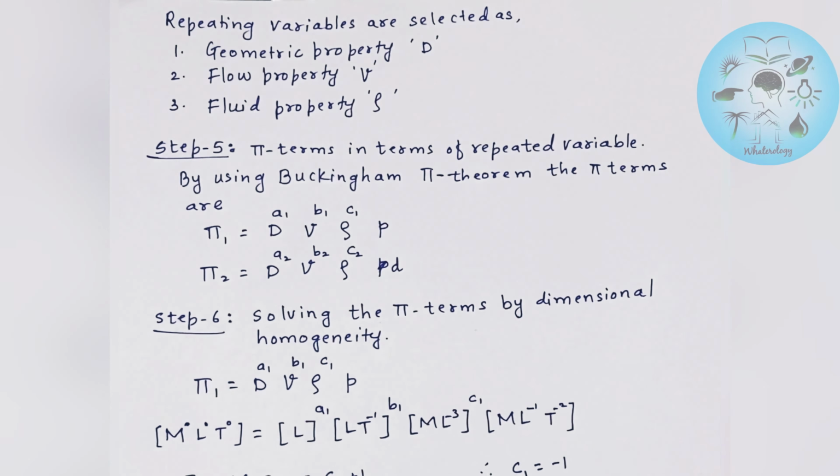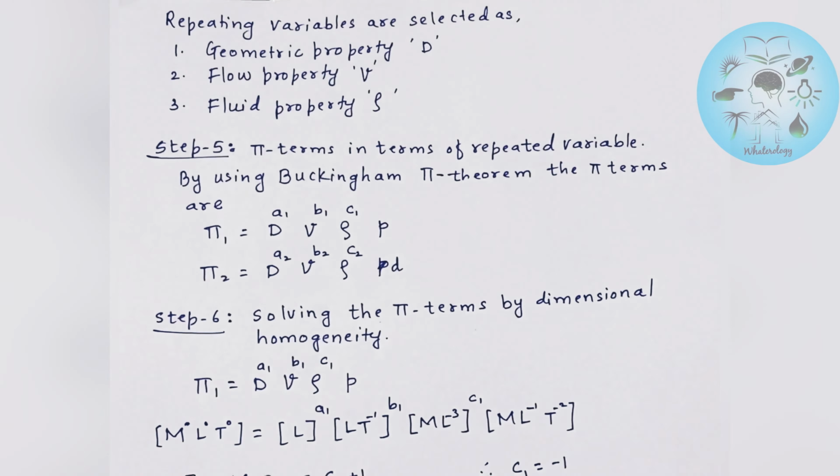These are the 3 basic properties into which all our physical quantities are divided. Geometric properties are those which involve linear measurement, for example length, head, area, or volume. These are linear or geometric measurements, and such properties come under the geometric property.